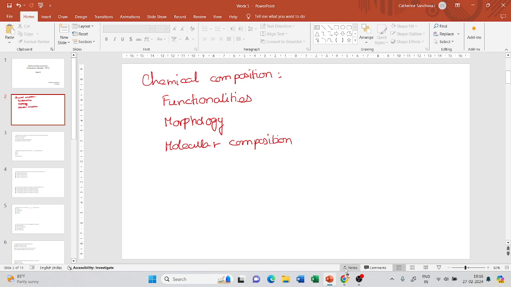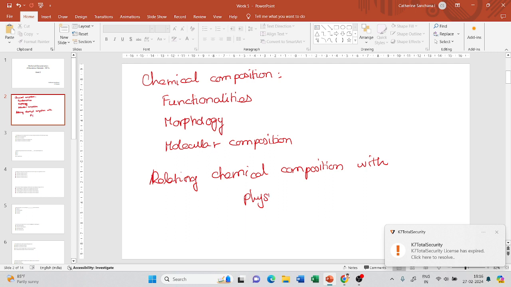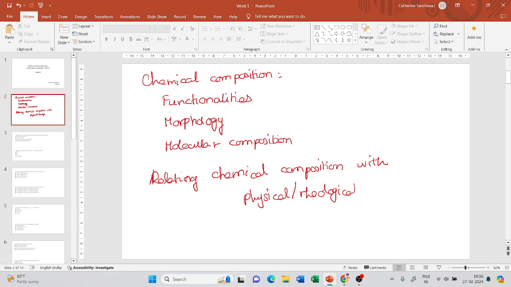She would also have discussed relating chemical composition with physical or rheological properties.